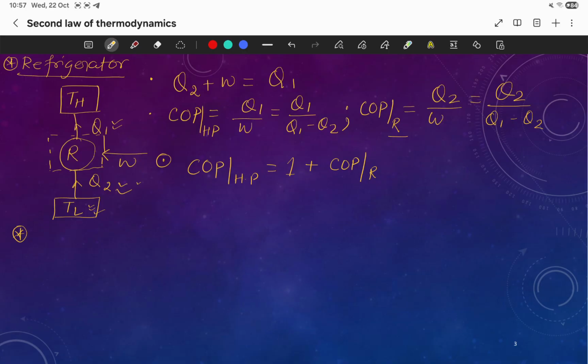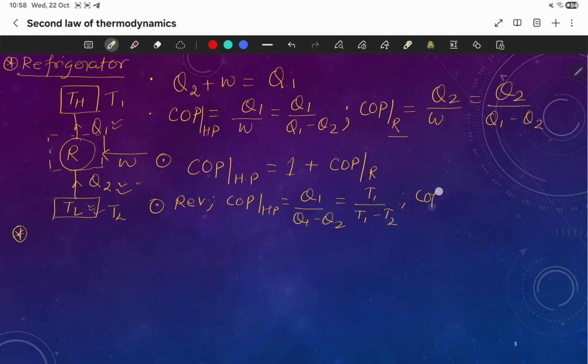Okay, and in the case of a reversible refrigeration cycle, COP of heat pump will be Q1 upon Q1 minus Q2, and this we can write as T1 upon T1 minus T2, taking this as T1 and this as T2.